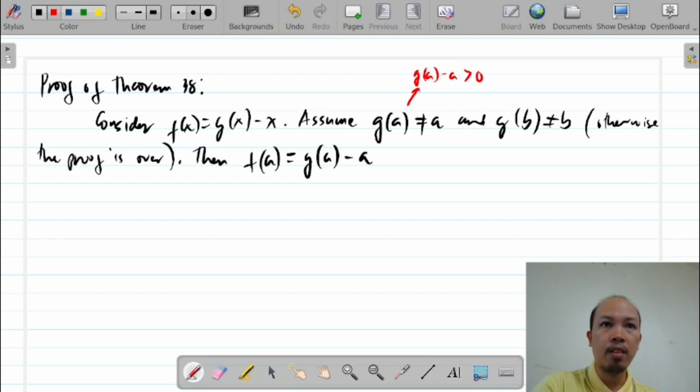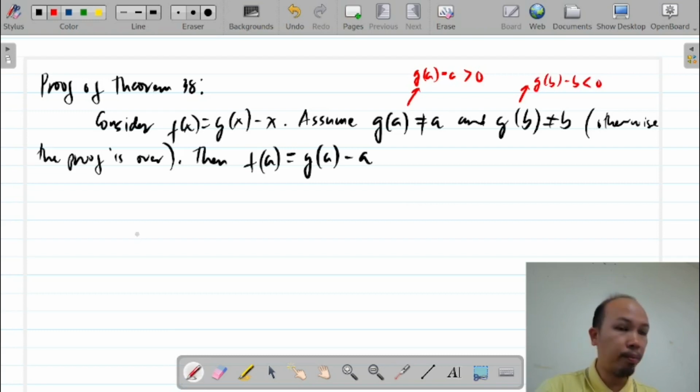You can plot the graph of the function, or it may also be that g of a minus a is less than 0, and the other one will be greater than 0. If this is greater than 0, then this one here, minus b, is less than 0. So either way, this will follow.